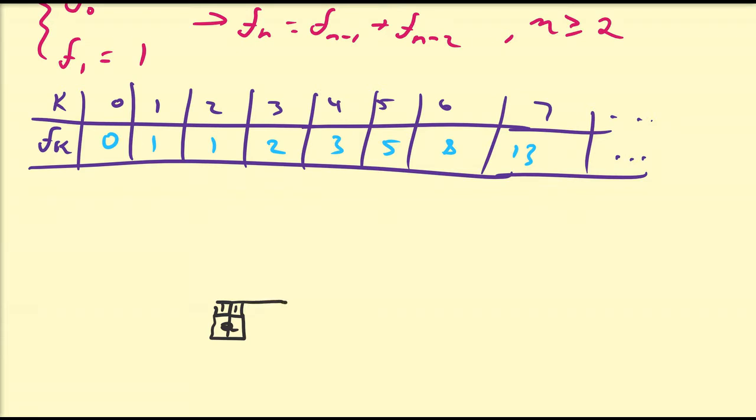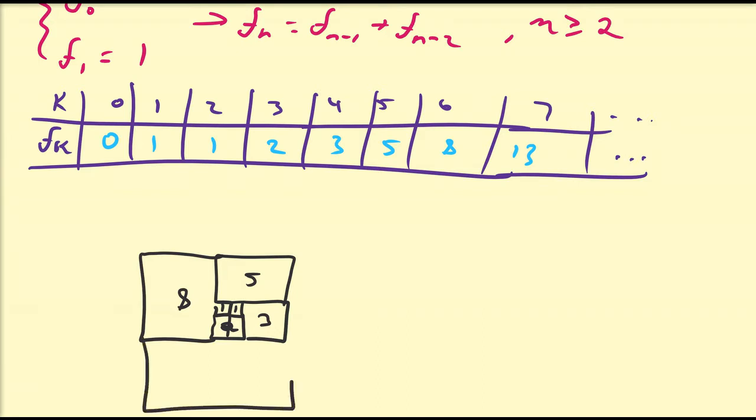And then of course we're going to have a 3 by 3 block there, and then a 5 by 5 block there. And then we're going to have an 8 by 8 block there. And then this is going to be a 13 by 13 block, even though it's definitely not drawn to scale, and so on. So clearly these are Fibonacci numbers in their own right.